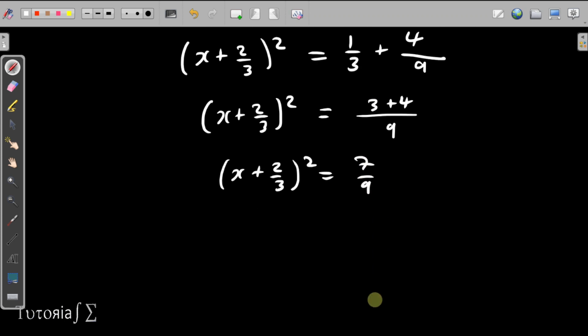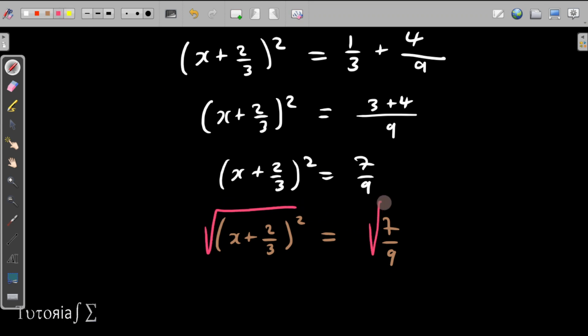Then what we want to do here is get rid of the power. So we introduce square roots both sides. So it will be x plus 2 over 3 to the power 2 equal to 7 over 9. So we introduce a square root here and a square root there.